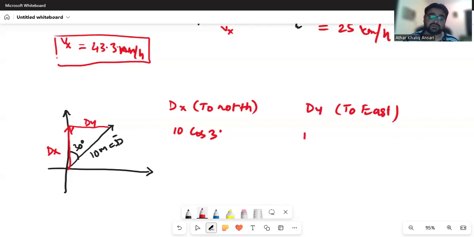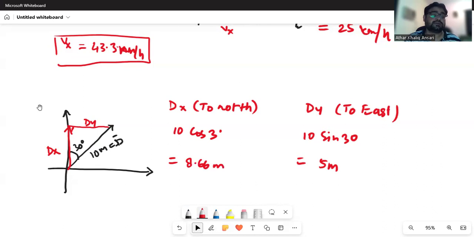When you find their answers, 10 times sine 30 will give you 5 meters to the east, and 10 times cosine 30 is giving me 5 root 3 or 8.66 meter. So this is how we can use the components.